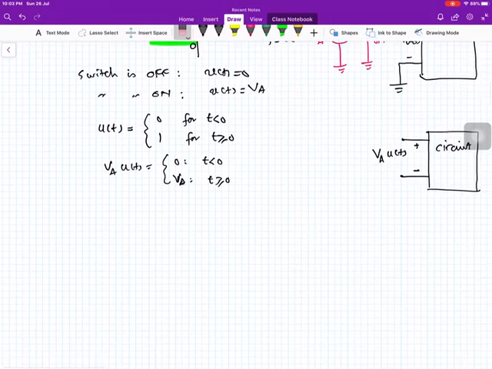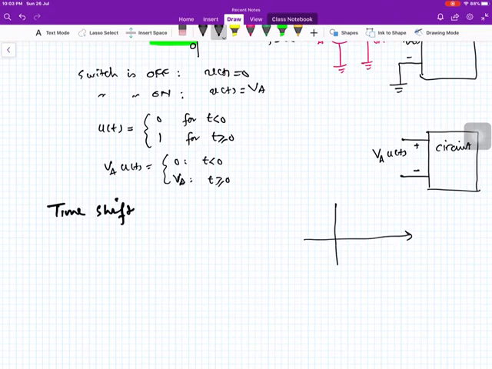Now there are a few important things associated with the step function, and this is a time shift. If we have t in seconds over here and this is V(t), it is important to show the units.